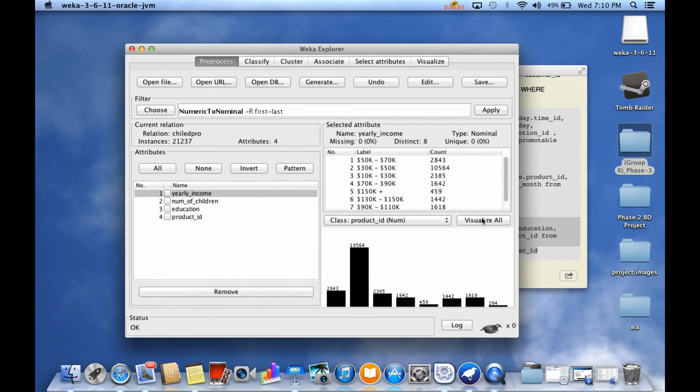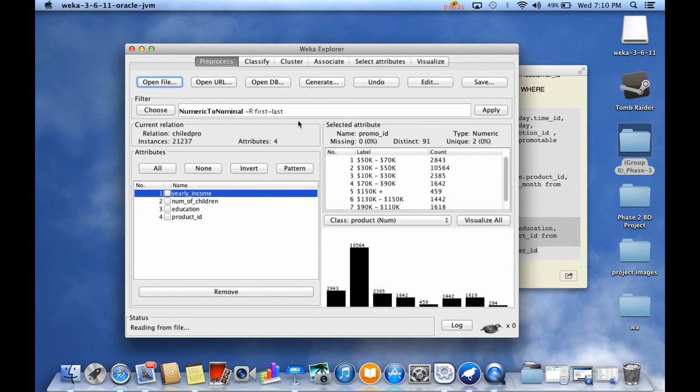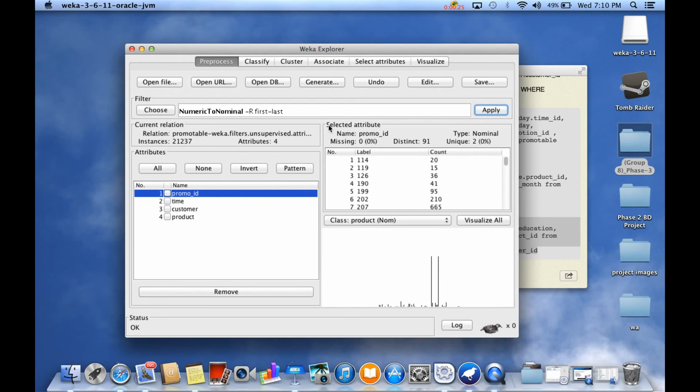Now the next step in cleansing is pre-processing, in which we convert the data from numeric to nominal so that we can use the association rules. So we add the table to this, and now we apply numeric to nominal on it, so that the data is read as nominal and not as numerical.